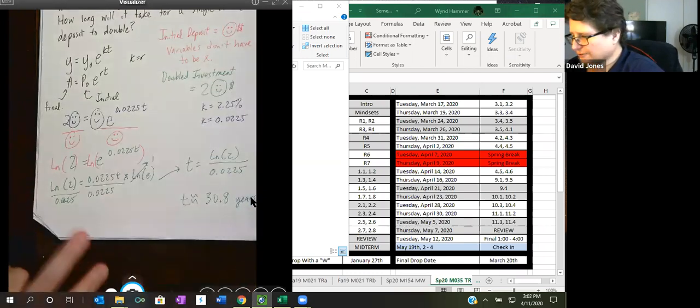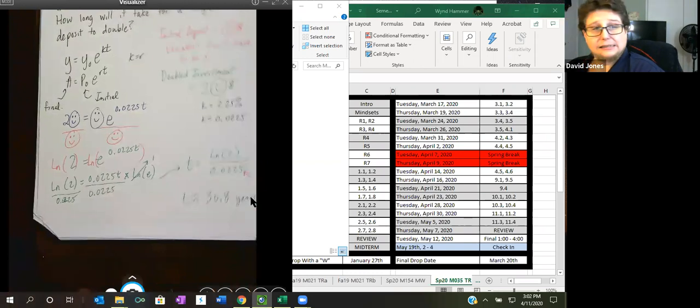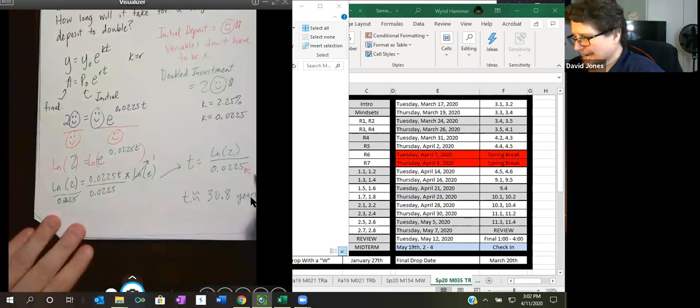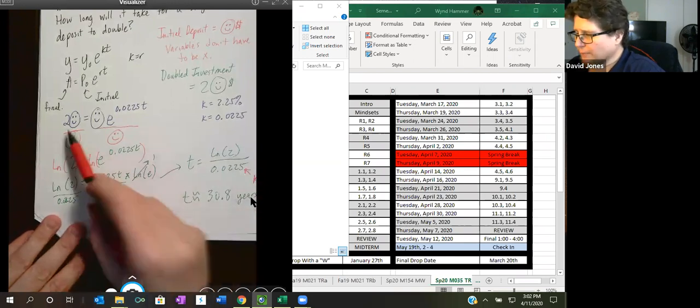What was this value right here, though? What is that? That was K. The 2 came from double.